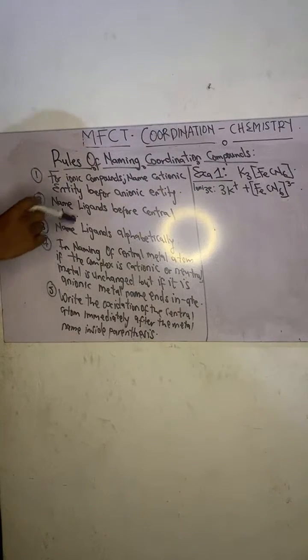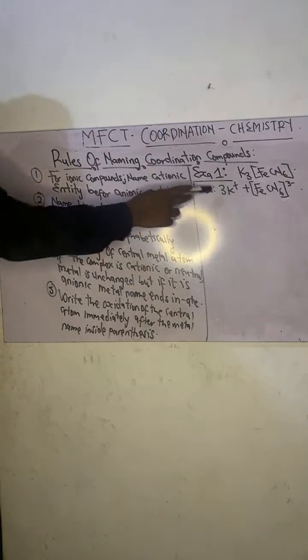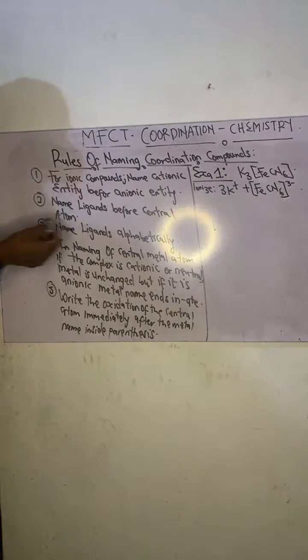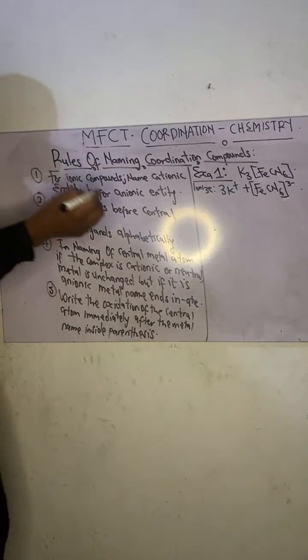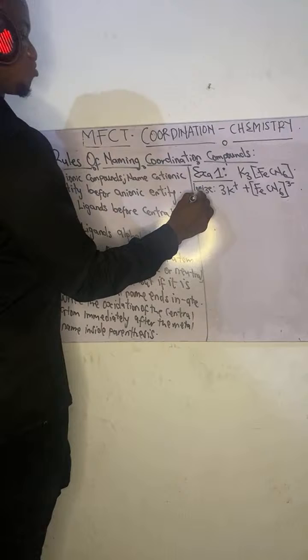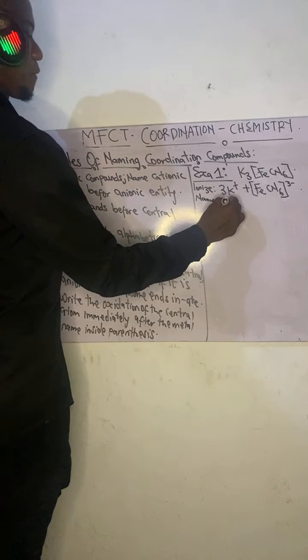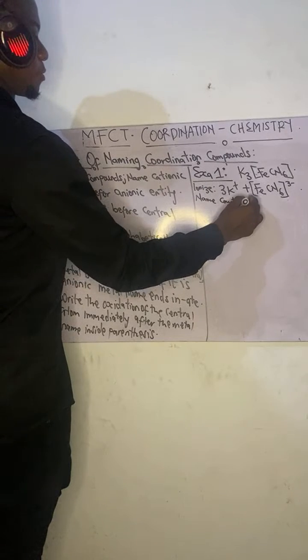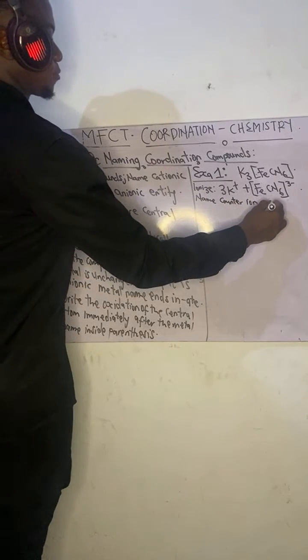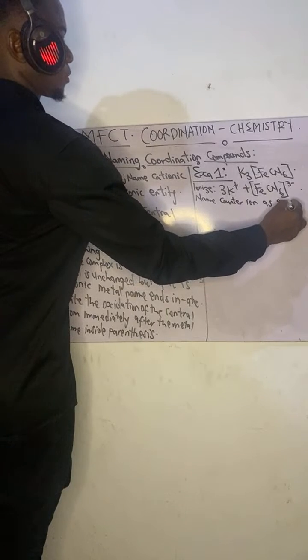So this simply means that the cationic entity is the counter ion. Hence, name the counter ion first.